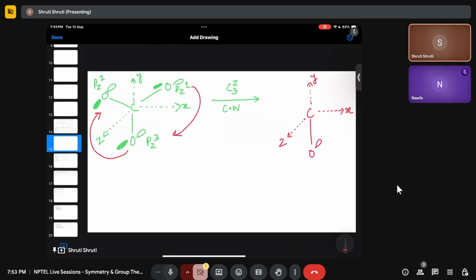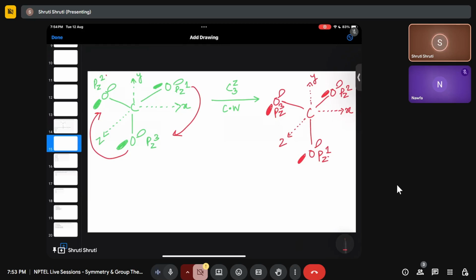Okay, so here we will have pz1, here we will have 3, and here will be pz2. Okay, now what is happening is, you see, in place of what was earlier 1, it is 2; what was 2, it is 3; and what was 3, it is 1.